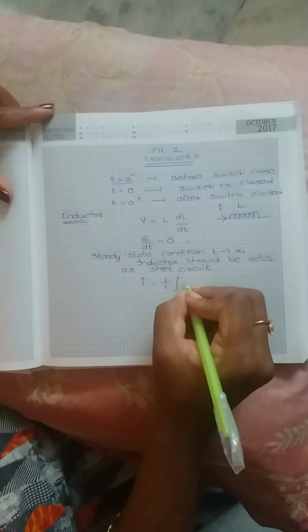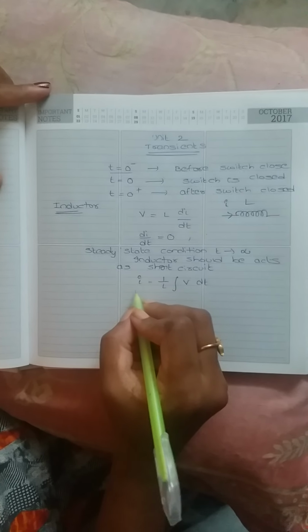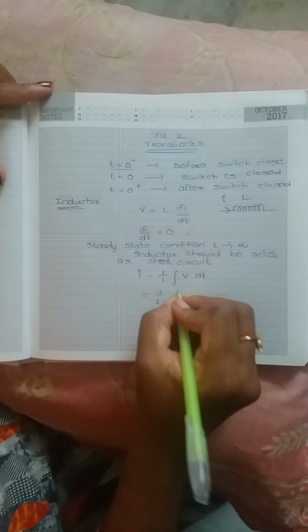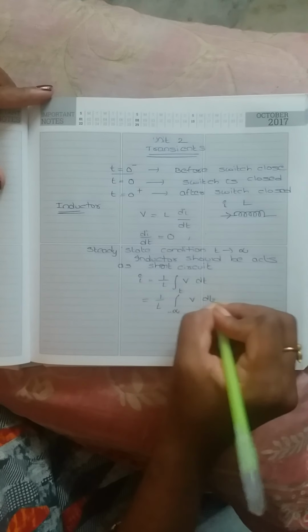Now we know that I equal to 1 by L integral V dt. This is the formula of current for the inductor. Now I am taking the limits from minus infinity to t, V dt.